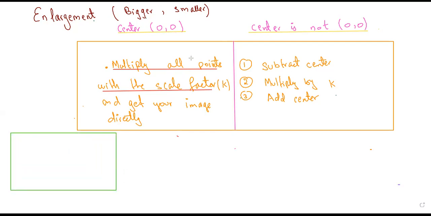Now this is example number 1 about the construction of enlargement. We have a triangle ABC that maps onto the triangle PQR.